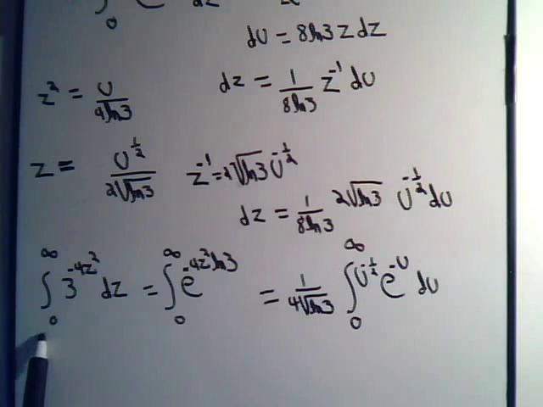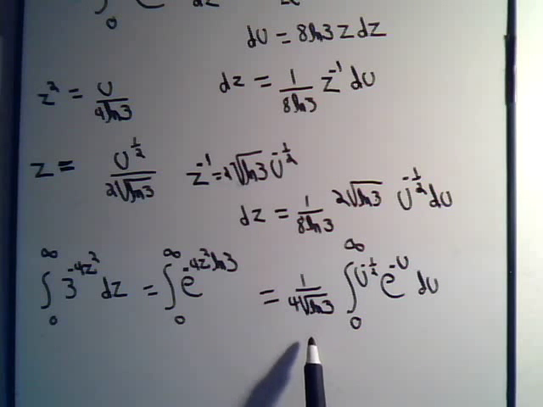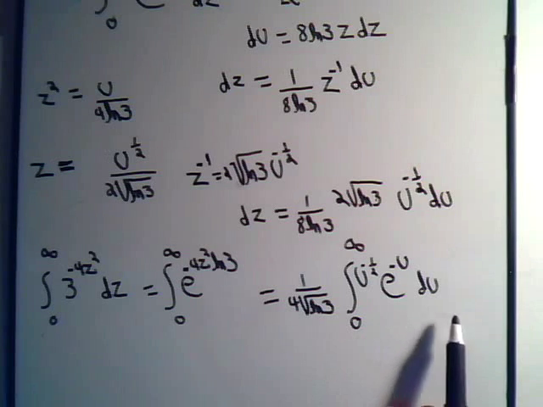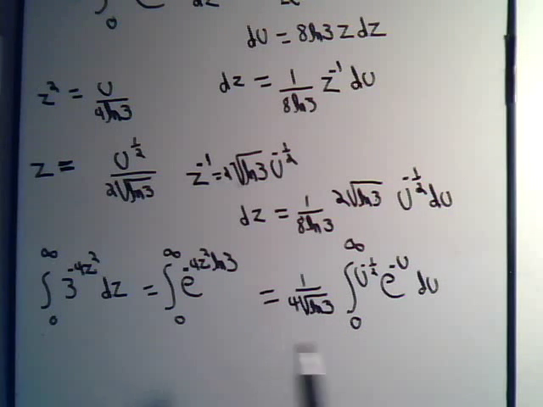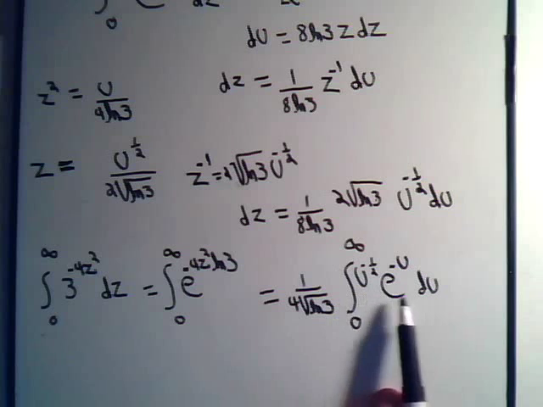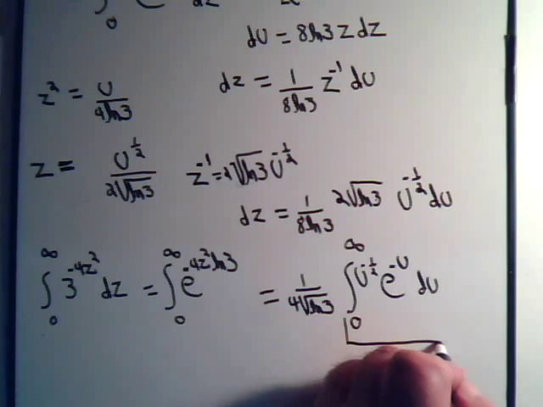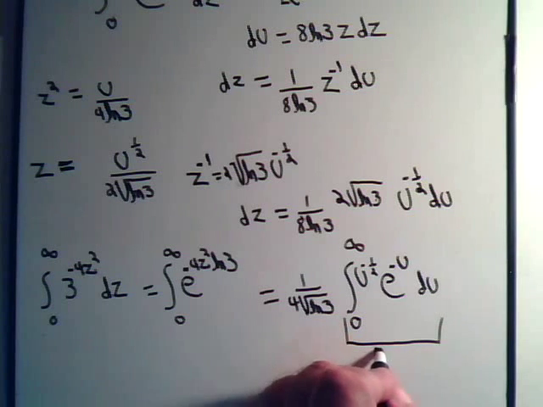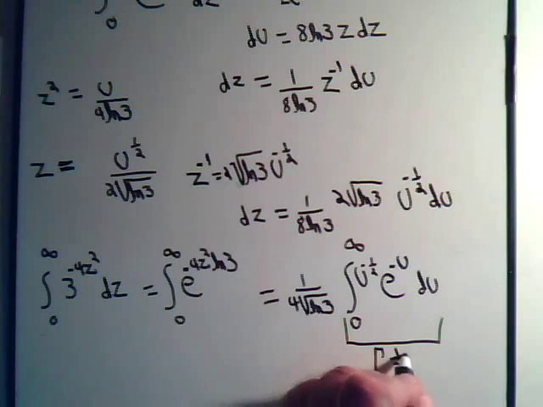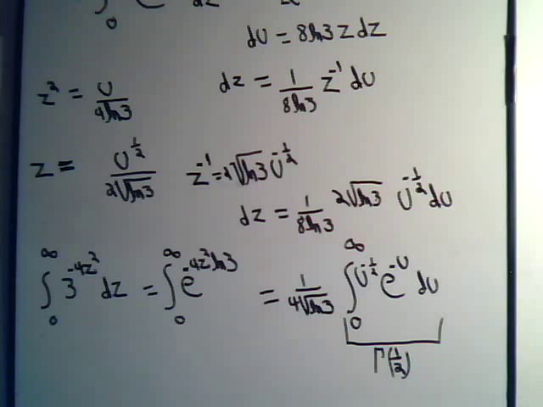So this integral is transformed into this integral, and fortunately, we caught a break. This is a gamma type integral, and hopefully you realize that is the gamma function of 1/2, and that's equal to the square root of pi.